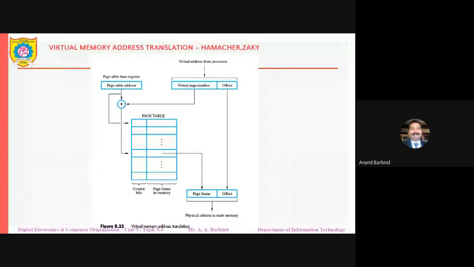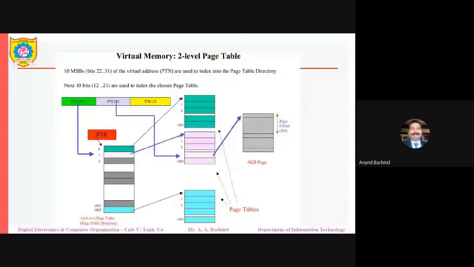Now again, this diagram is showing two levels of paging. Usually in the Pentium processors, they have two levels of paging.